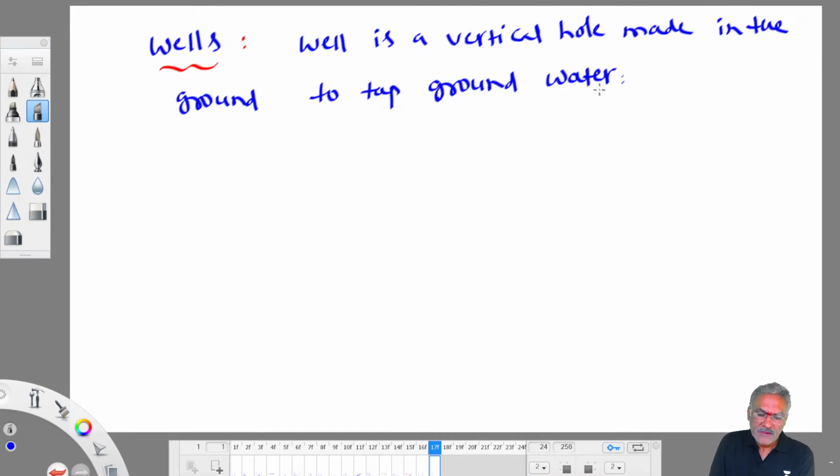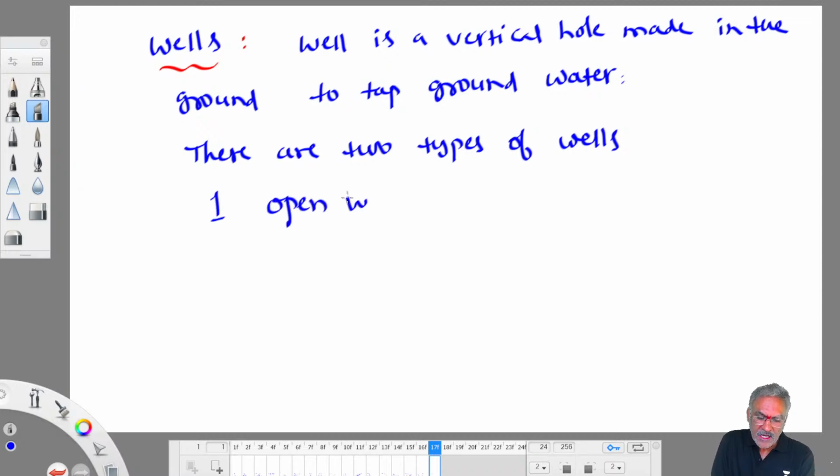To tap groundwater, there are two types of wells. One is open wells or dug wells.